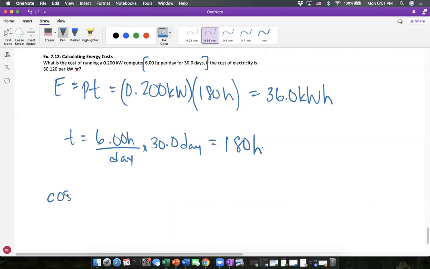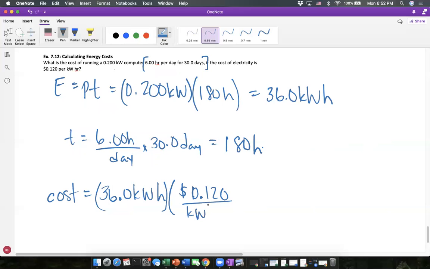So my cost is going to be my energy, which is 36 kilowatt hours, times my cost, which is 0.12 per kilowatt hour, which is going to be $4.32.